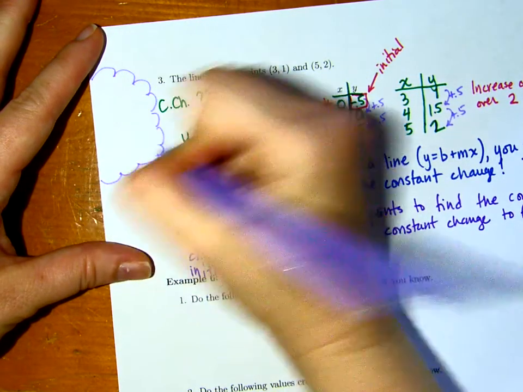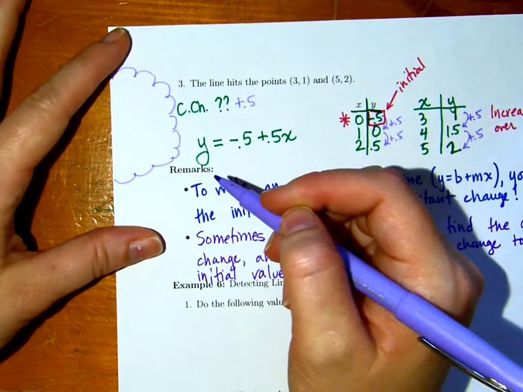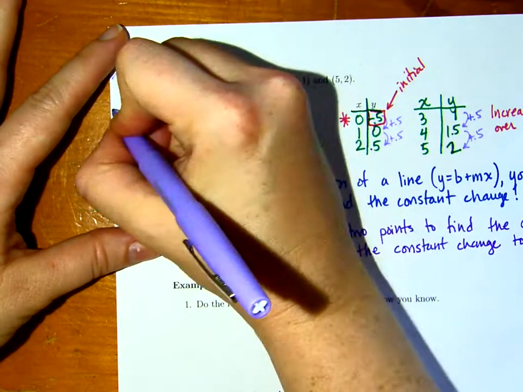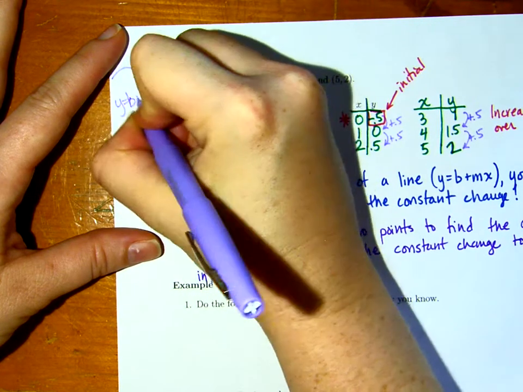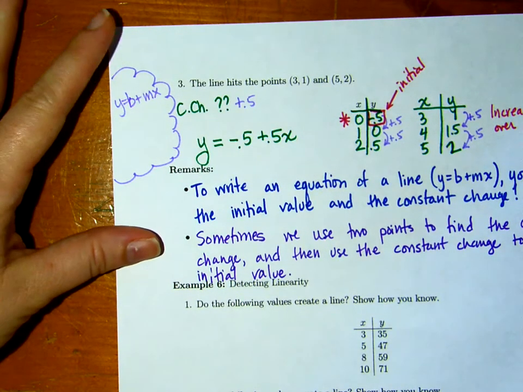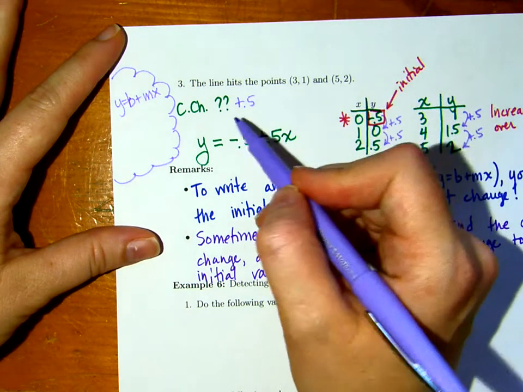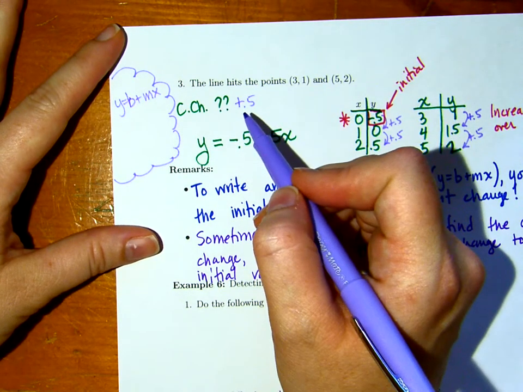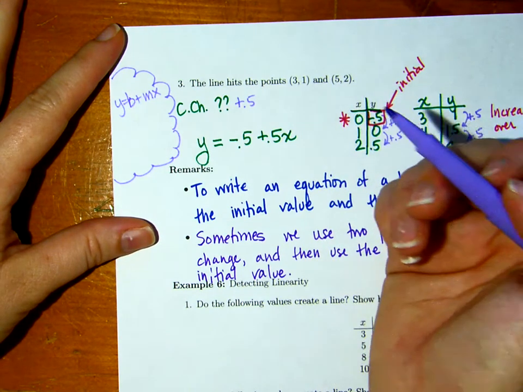They do this thing where they're like, well, we know it's linear because we were told. So it's a valid assumption that we can write this as y equals initial plus a constant change x times. And we just found out that the slope is a half. And we know a coordinate pair.